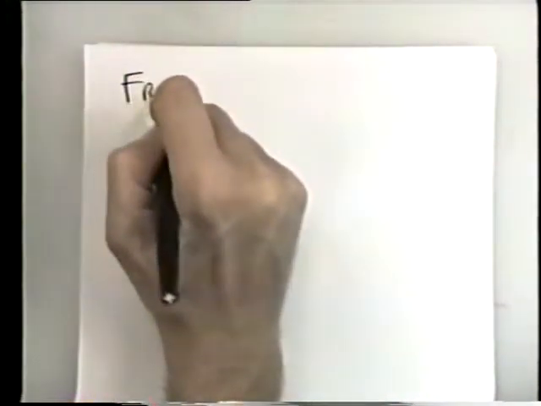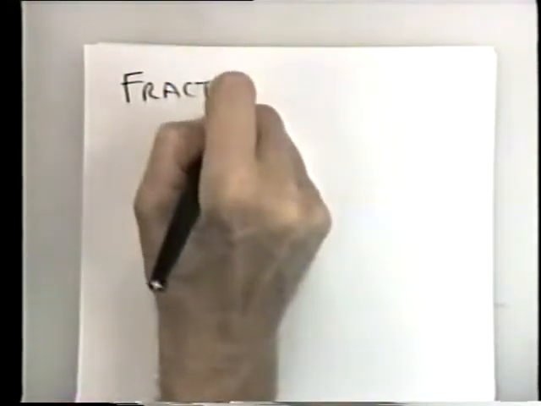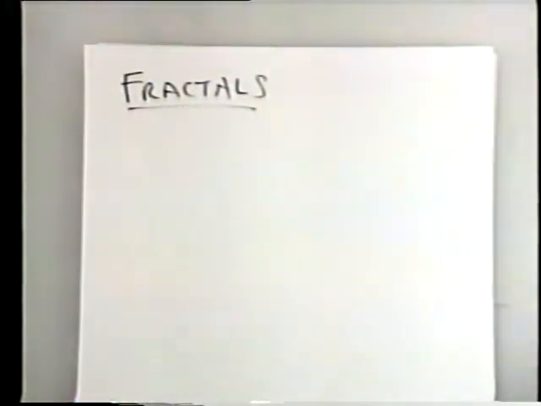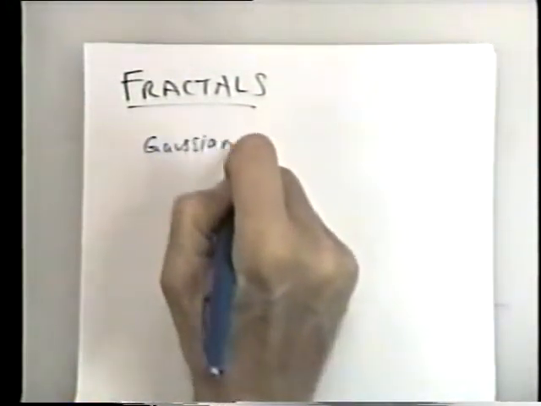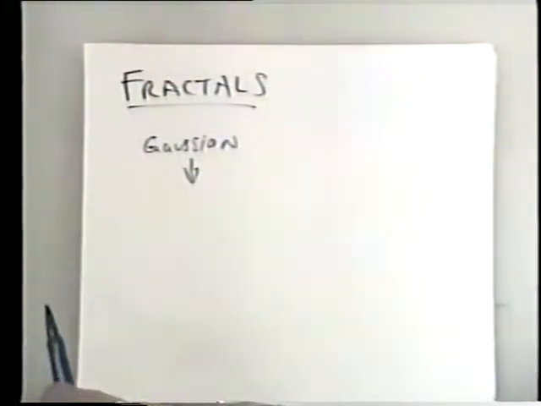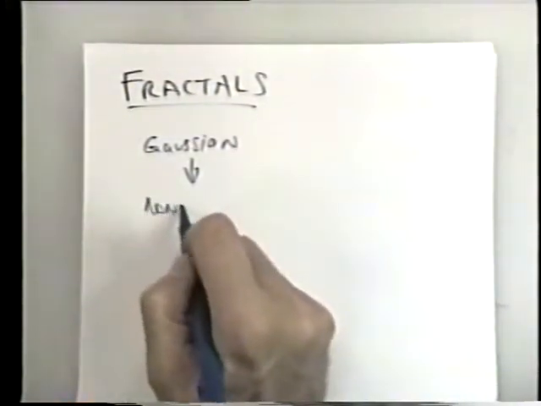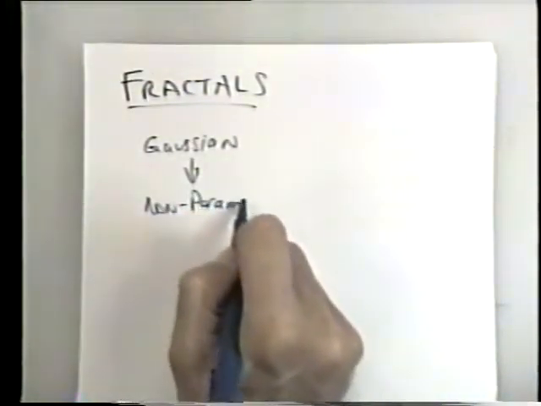Where we are is I'm giving a review of fractals. And let me state again why I'm doing this. Because we've seen so far in the class Gaussian statistics, which is the usual stuff, and then proceeded to a type which we called non-parametric statistics.